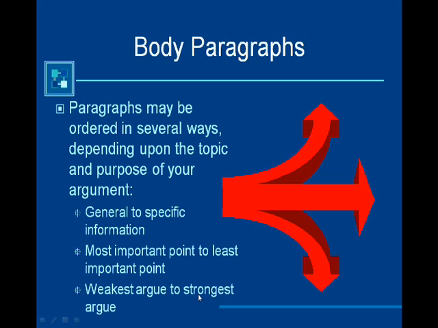Weakest argument to the strongest argument. Okay. So you start by the weak argument, the weak point, and you move to the strongest, or vice versa. Okay, as we said before, it doesn't have one set way of organizing your body paragraphs. You can start by the disadvantages, then talk about the advantages and then conclusion, or you start by the advantages, you go through the disadvantages and then your conclusion.